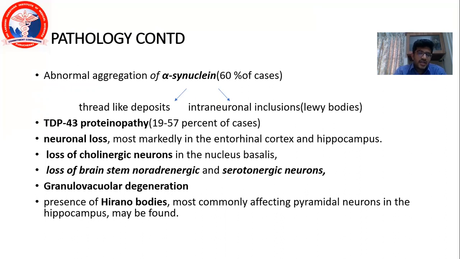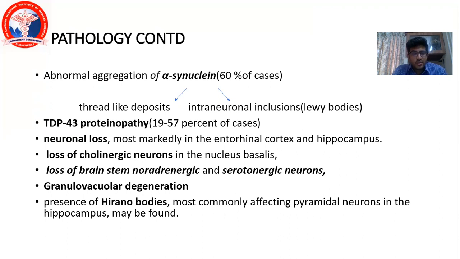The other thing is the TDP43 proteinopathy that is seen in around 19 to 57% of the cases. There is also marked neuronal loss, which is more marked, as we said earlier, in the entorhinal cortex and hippocampus, because that is the first place where it has begun.